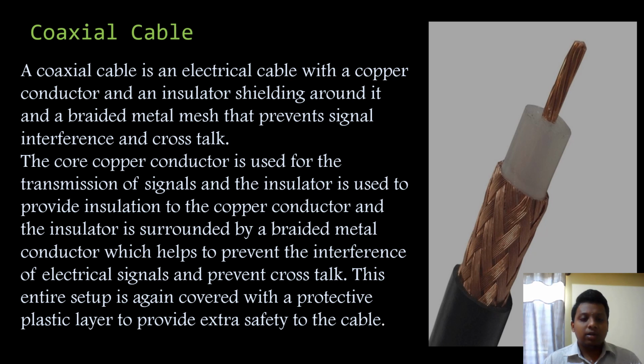The insulator is surrounded by the bare mesh conductor, which helps to prevent the interference of electrical signals and prevent crosstalk. This entire setup is covered by a protective plastic layer, providing extra safety to the cable.